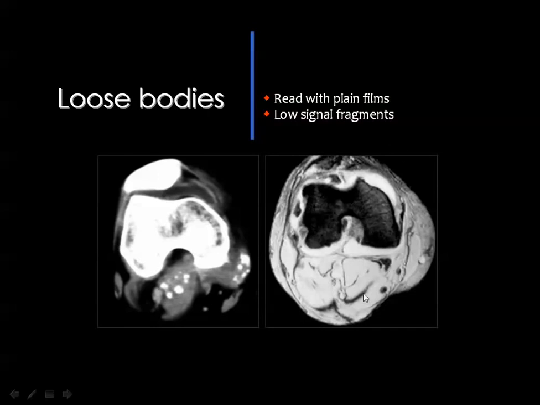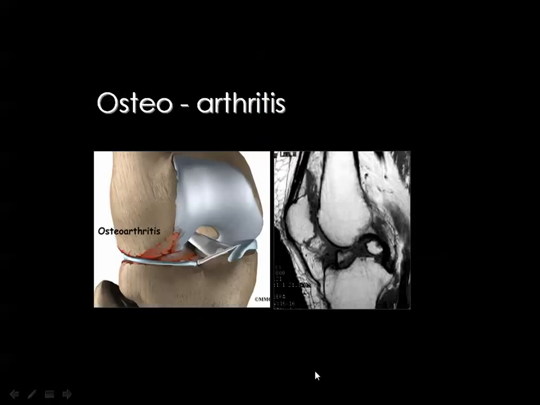Loose bodies being of cortical bone will appear black in all bulk sequences, and they will appear dense in the CT images. As you can see here, multiple radio opaque or calcified loose bodies within the posterior compartment of the knee, and also you can appreciate the presence of joint effusion in both cases, here by CT and here by MRI.